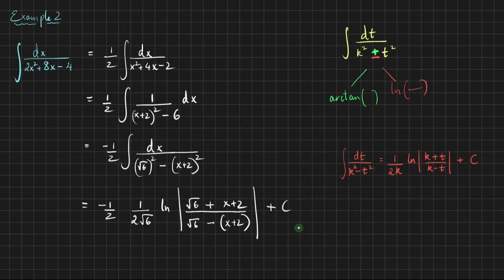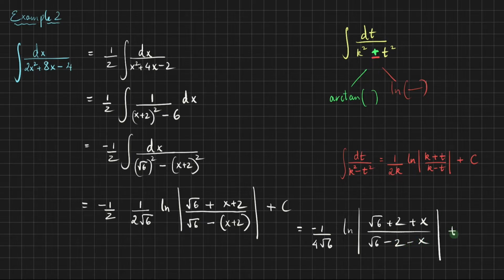And cleaning this up a bit, we can just write this as negative 1 over 4 root 6 ln absolute value of root 6 plus 2 plus x over root 6 minus 2 minus x plus c.